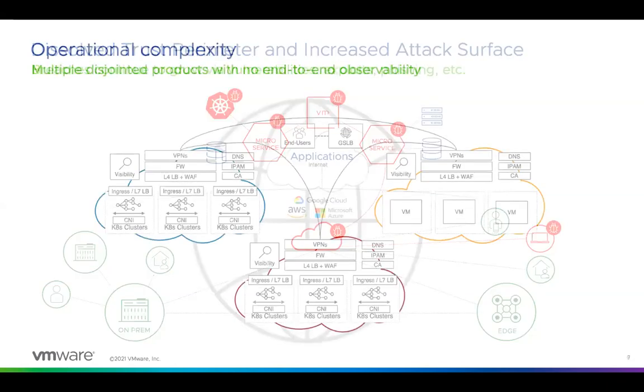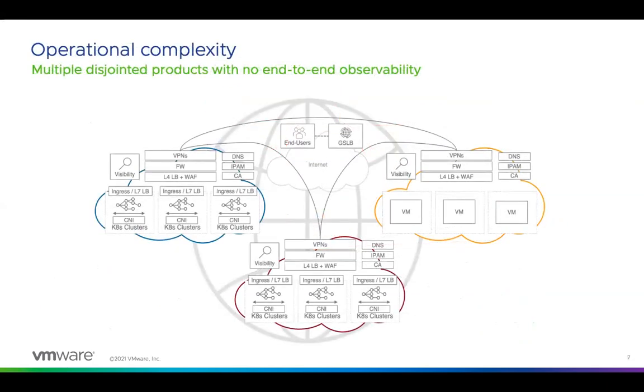Last but not least, our world has really become more complex because you might need to deploy very different products for different functionalities. For example, you have a Kubernetes cluster and you need to deploy ingress controllers. You need to have L4 load balancing and WAF capabilities before getting to ingress.